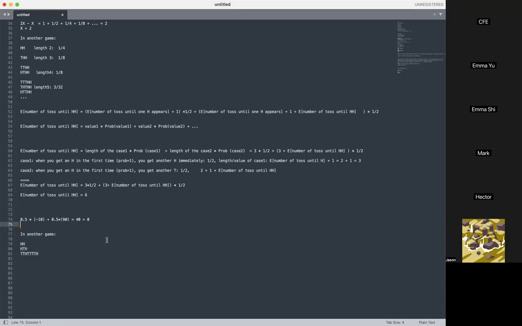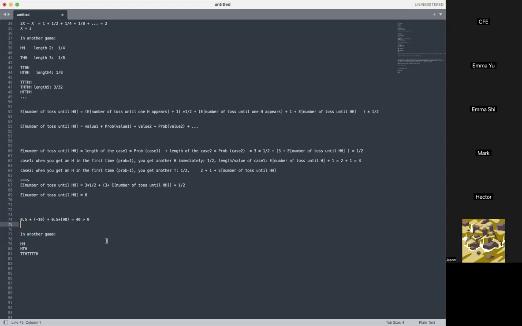The way I thought of it was basically we add the expected value of getting one head and then add on the expected value of getting the second head. Yeah, that's very clever.